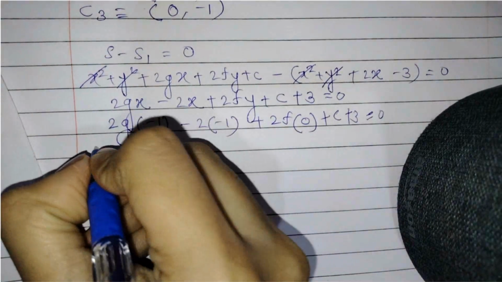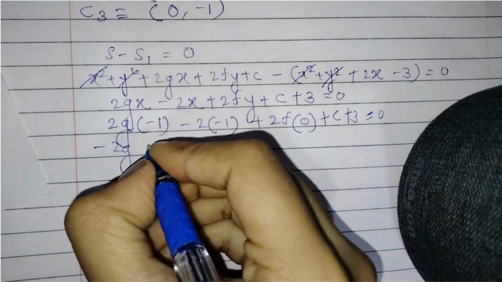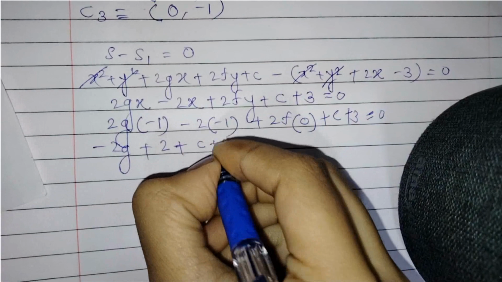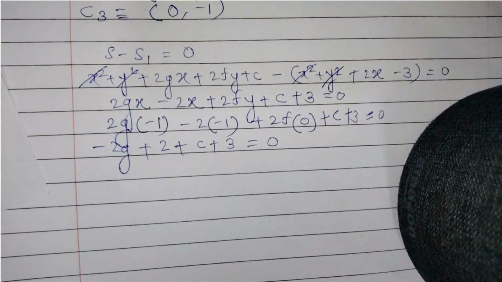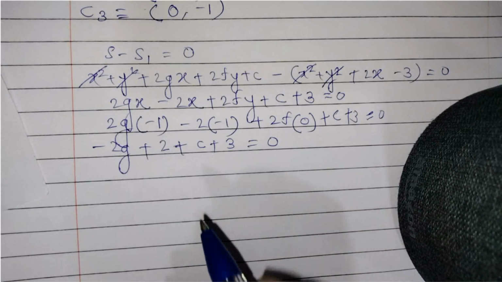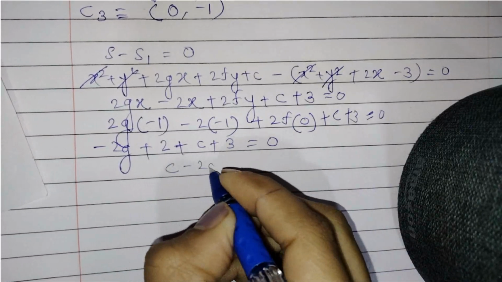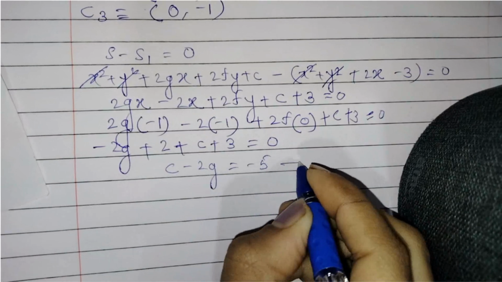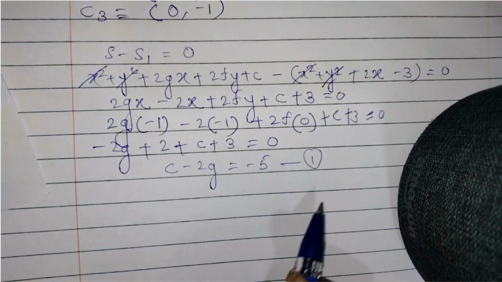So minus 2g plus 2 plus c plus 3 is equal to 0. So we get c minus 2g is equal to minus 5. Let this be our first equation.